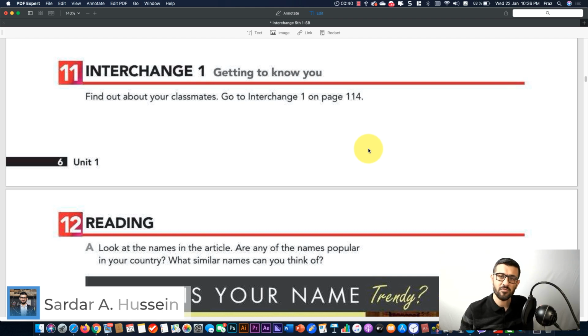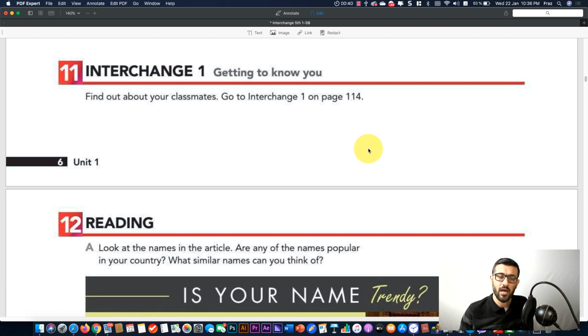I'm going to resume this class with exercise 11, which is Interchange Activity 1. In fact, I introduced interchange activities in the very first lesson of this course. What are they and what do they really contribute to each unit? So I'm not going to cover interchange activities.